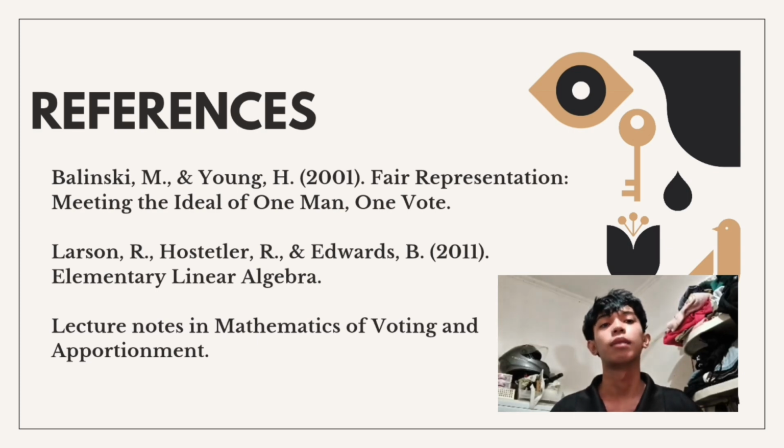Lecture notes, and mathematics of voting and apportionment. These are likely classroom materials or handouts that explain how math is used in voting systems. They show how to divide seats fairly among groups based on population using methods like Hamilton's.